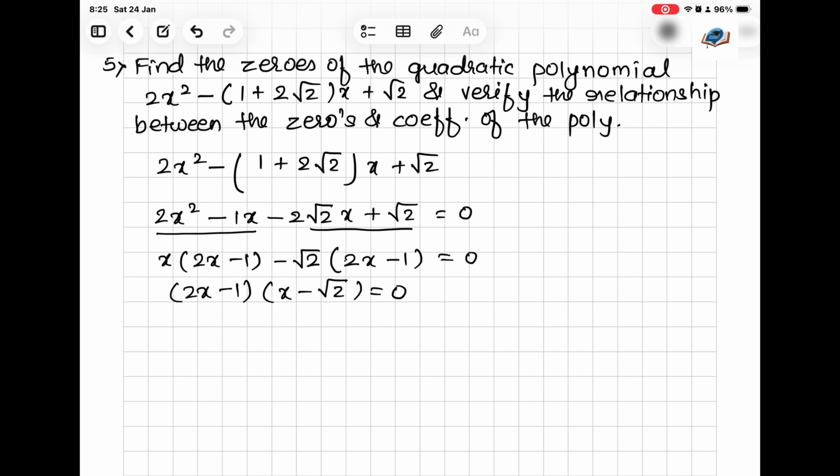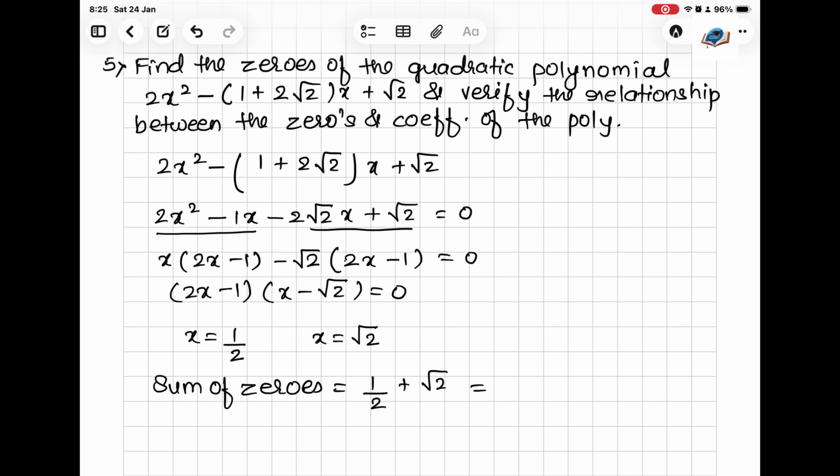So either x will be 1 upon 2 or x will be root 2. So now the sum of zeros will be equal to 1 upon 2 plus root 2. If I do LCM, I will get 1 plus 2 root 2 upon 2, which is equal to minus b by a.